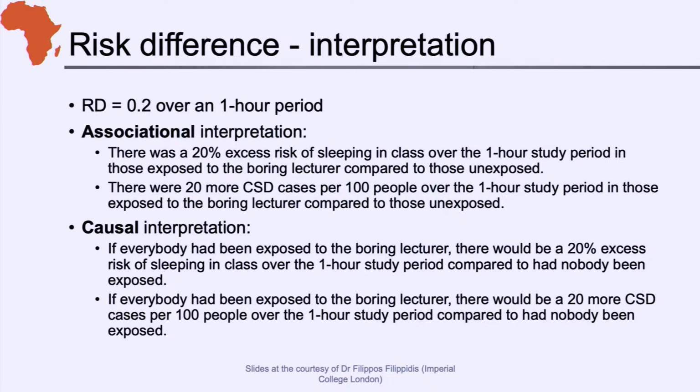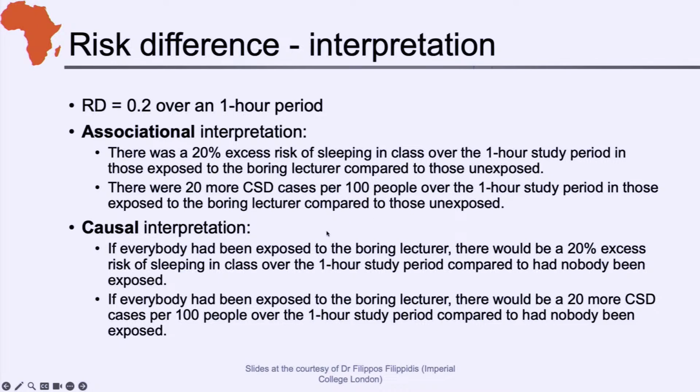So for example, if we have a risk difference of 0.2 over a 1 hour period, then in associational terms, we could say, for example, there was a 20% excess risk of sleeping in class over the 1 hour period in those exposed to the boring lecturer compared to those unexposed. An alternative way of saying this is that there were 20 more CSD cases per 100 people over the 1 hour study period.